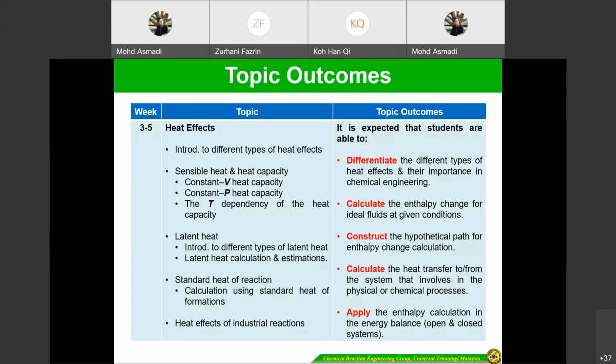So we need to determine how to calculate the change in enthalpy before we calculate the heat, because no information we can get at 200 degrees C or 50 bar. It is very limited information that we can get to calculate the enthalpy at, for example, 50 degrees C or 30 degrees C, right? Mostly we can get the information at the reference state, 25 degrees C and also 1 bar.